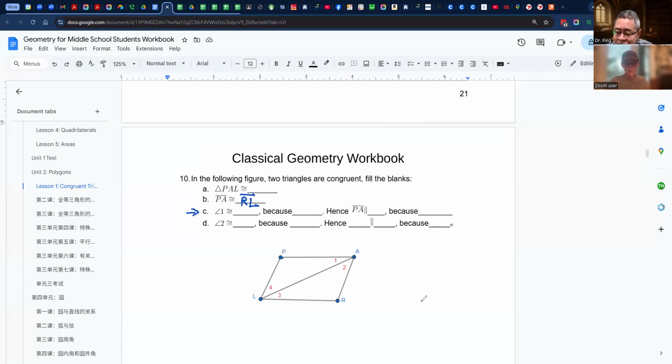Okay, so angle one is congruent to this angle. And because what?